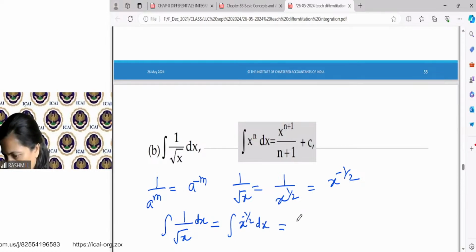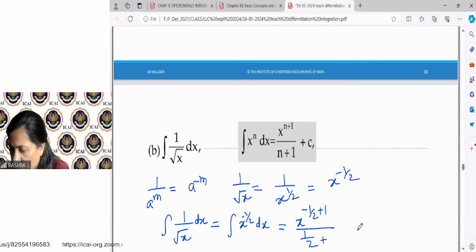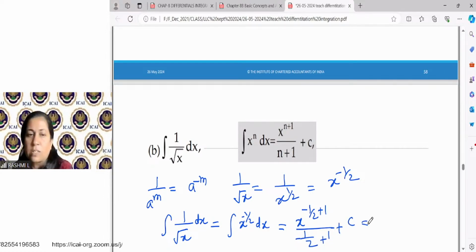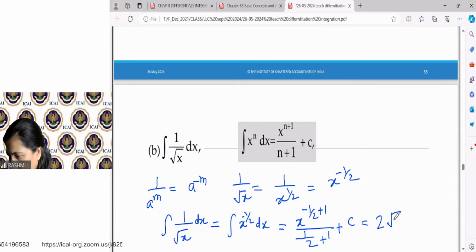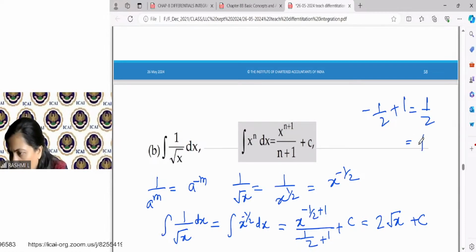So this is equal to x raised to minus half plus 1 upon minus half plus 1, plus c. How much will this be equal to? Because this will now flip, I will have 2 square root of x plus c. Because minus half plus 1 is equal to plus half, and plus half is the square root sign.